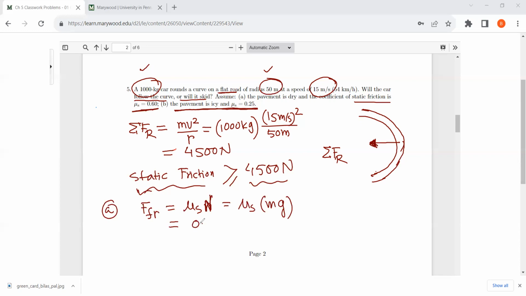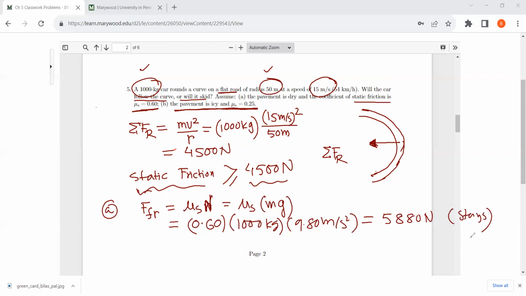If I plug in the value of 0.6 for the coefficient of static friction, we get the static friction force, and that is good, right? This is higher than 4500 Newtons. So the car stays on the track.